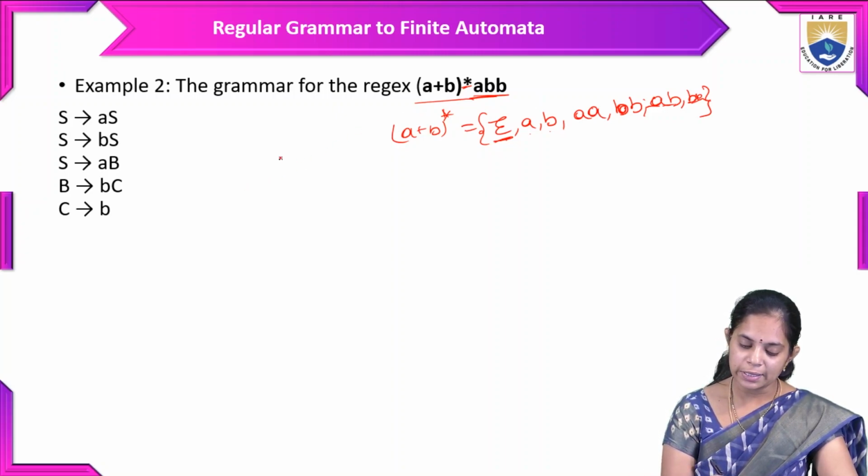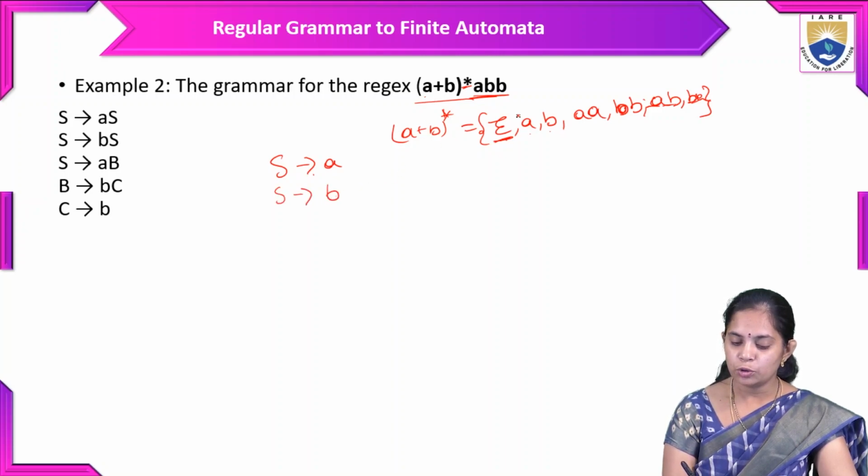So here the S, either it starts with A or it starts with B, it should be S itself. So here S tends to A S, S tends to B S. And also it is reaching the next state.